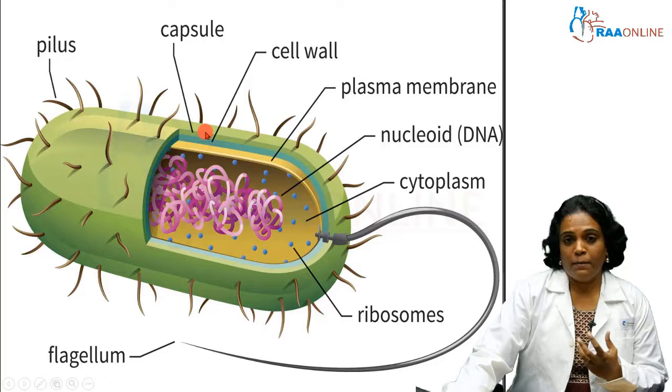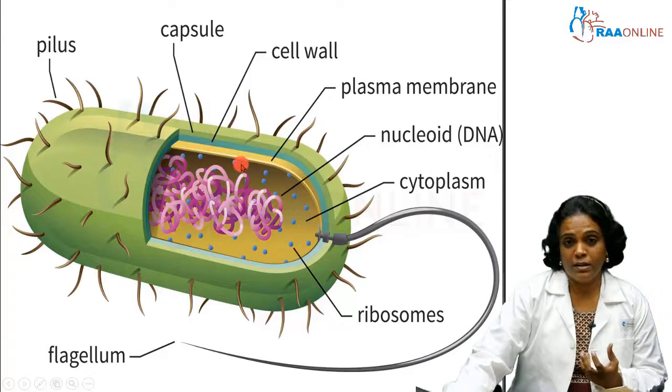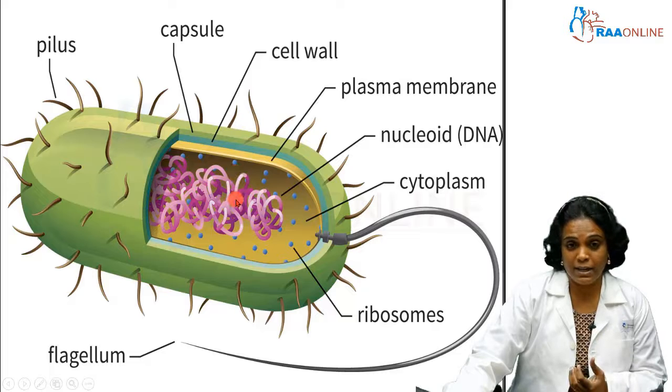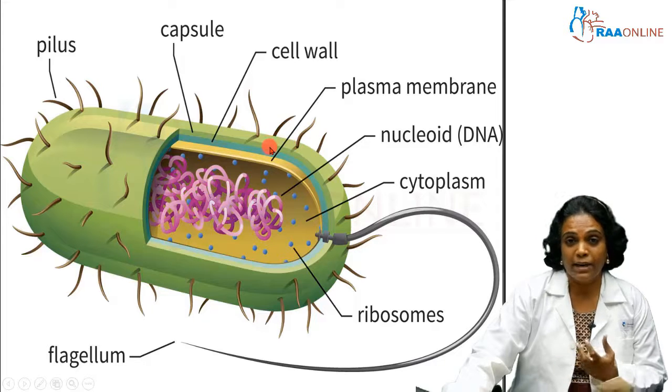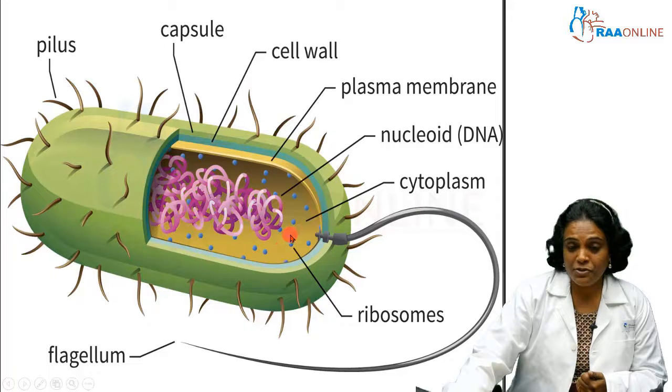Coming to the bacterial cell, it has two components, that is extracellular as well as intracellular components. The extracellular components include the flagella, pili, fimbriae, capsule, and slime layer, whereas the intracellular component consists of the bacterial chromosome.